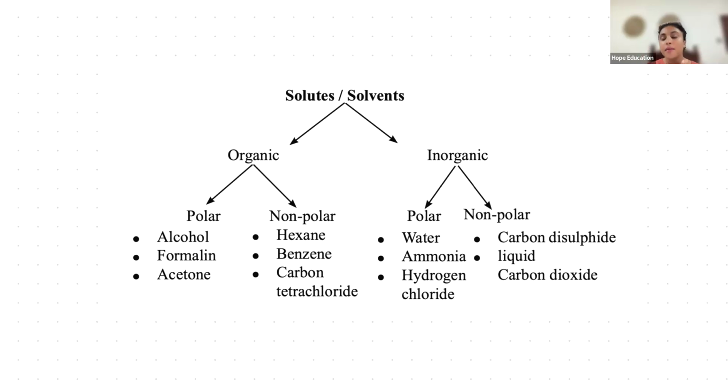So some things only dissolve in certain things. Not everything dissolves in everything. If you take heterogeneous mixtures, when you put coconut oil and water, they don't mix well. But if you put alcohol and water, they mix really well. Likewise, different solutes and solvents mix in different ways to make either homogeneous mixtures or heterogeneous mixtures.